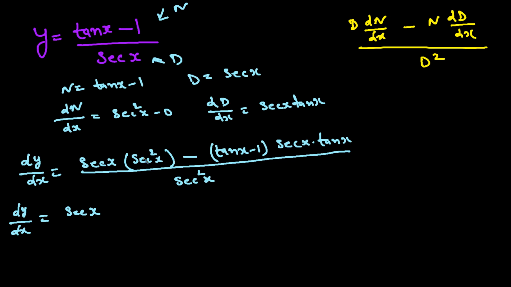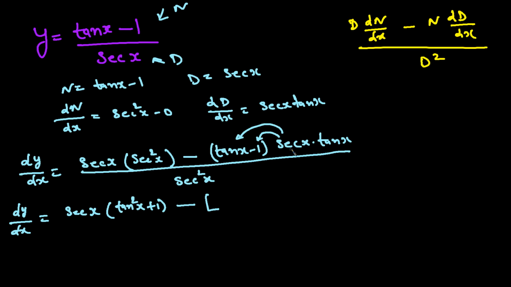So secant square x is basically equal to tangent square x plus 1. Minus, and I'm going to distribute over here. So multiply by this and multiply by 1.